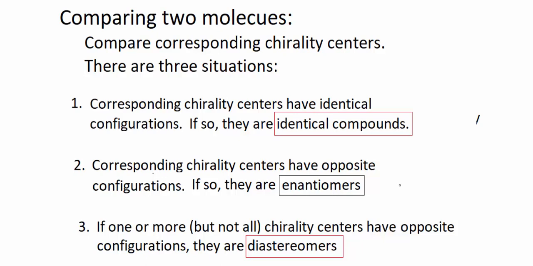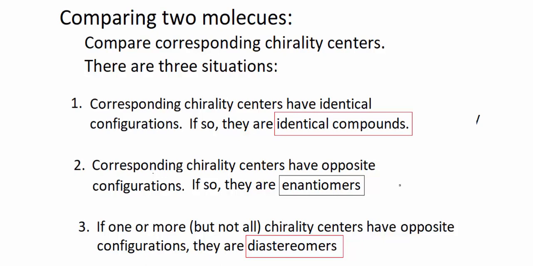When you're comparing, the first thing you want to do is to make sure that the two molecules, the way they're situated, are as close a match to each other as possible. If they're not, you may have to flip or turn one of them so that like parts of the molecules are in the same relative positions. Next, you're going to compare the configuration of chirality centers.